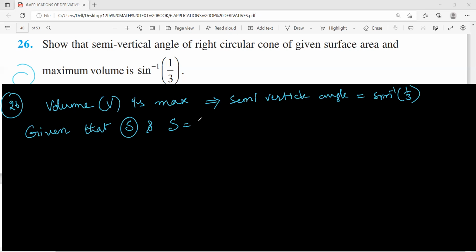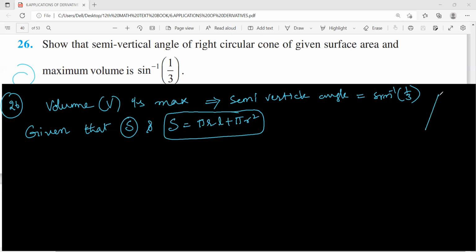You know, pi R L plus pi R square. So pi R into (L plus R) is what is given.